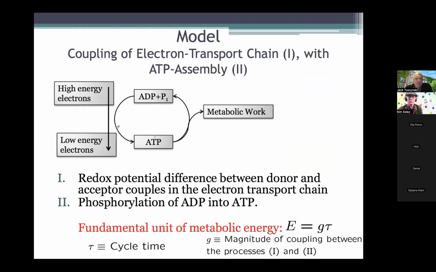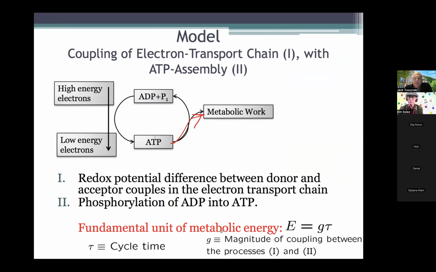Okay, so high energy electrons travel from ADP and a phosphate to ATP, and ATP is used to perform metabolic rate.